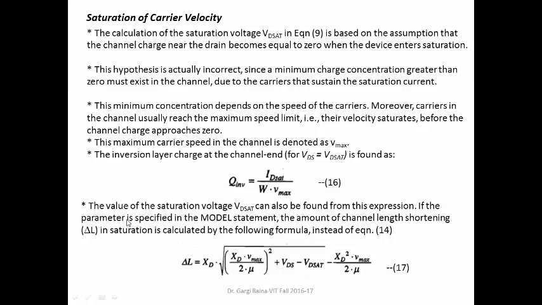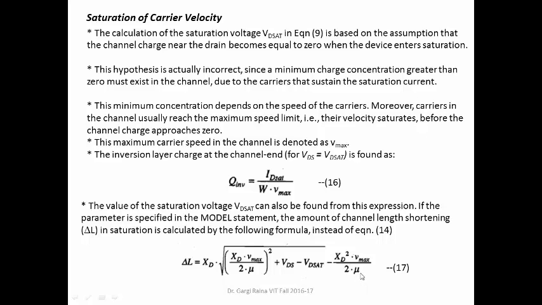The value of the saturation voltage VDSAT can also be found from this expression, and if the parameter is specified in the model statement, the amount of channel length modulation, that is delta L, in the saturation is calculated by the formula given here. So delta L is XD times Vmax by twice mu plus the square root of Vd minus Vdsat plus XD squared, minus Vmax by twice mu.